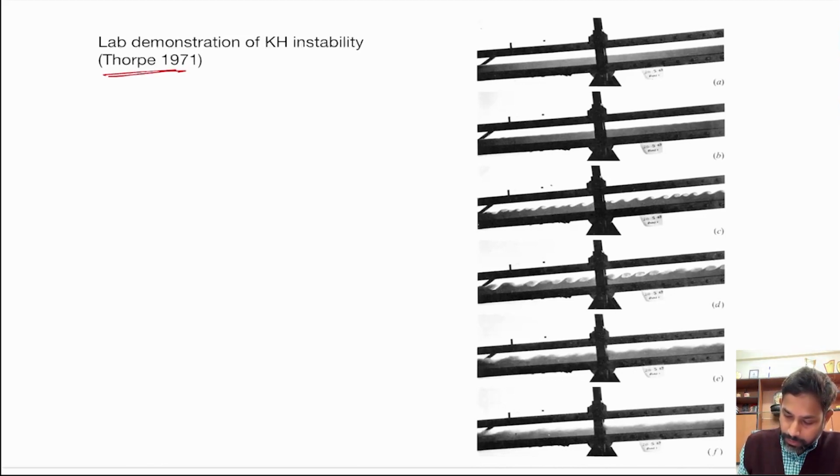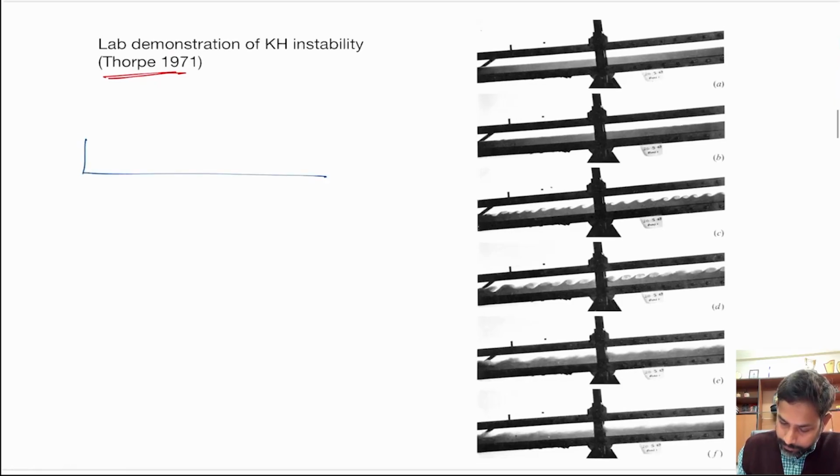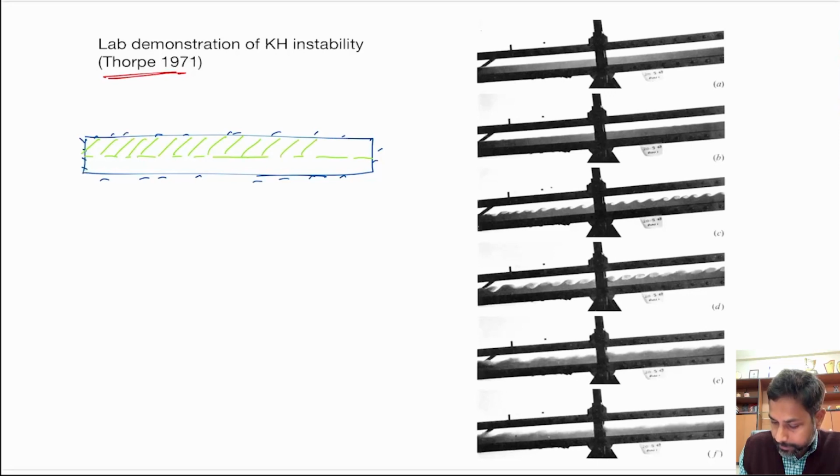It was performed by Thorpe in 1971. What you see here is a tank. It is a closed tank, closed from all sides, and it has two layers. The upper layer is filled with lighter fluid and the lower layer is filled with heavier fluid.